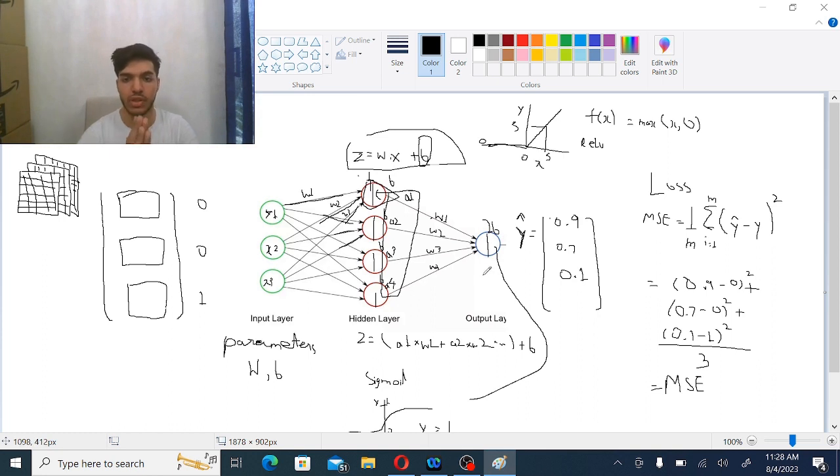So in order to get a more accurate output, we need to change these parameters, the values for the weights and biases. We need to find the optimal values for these parameters such that when we do a forward pass, we get a very accurate output.